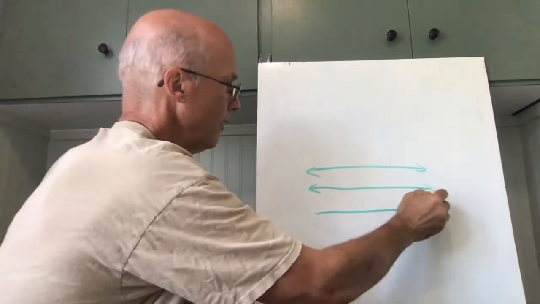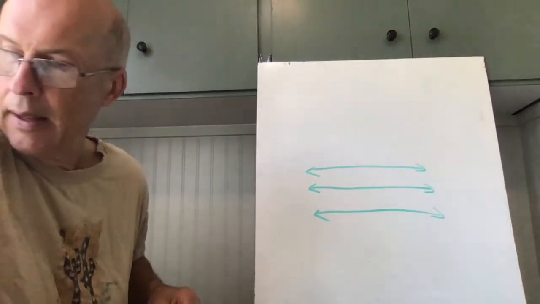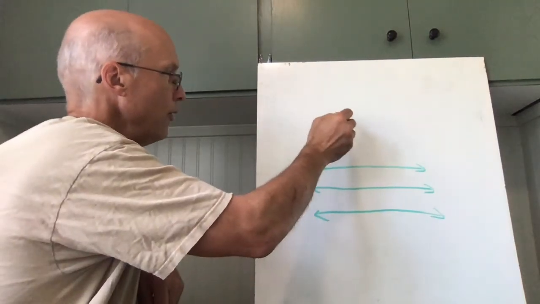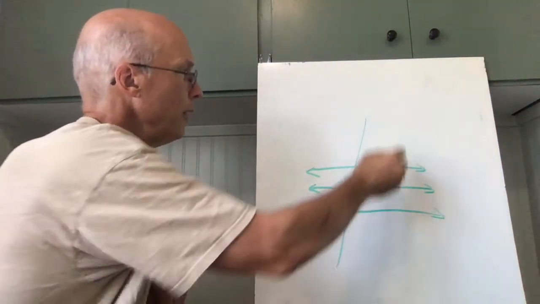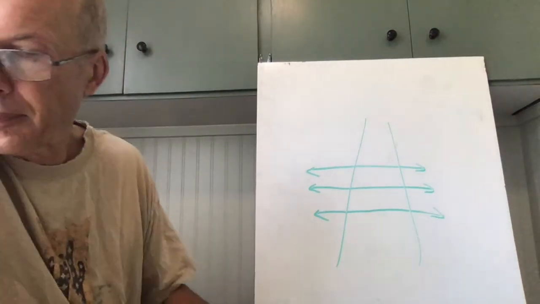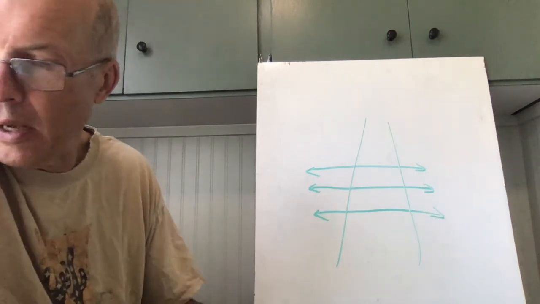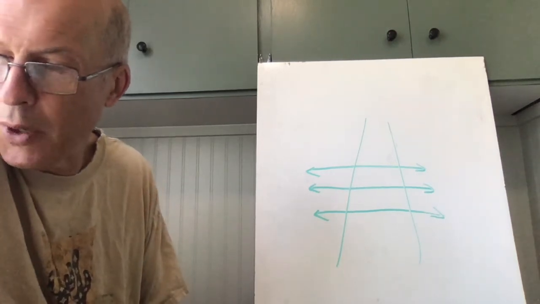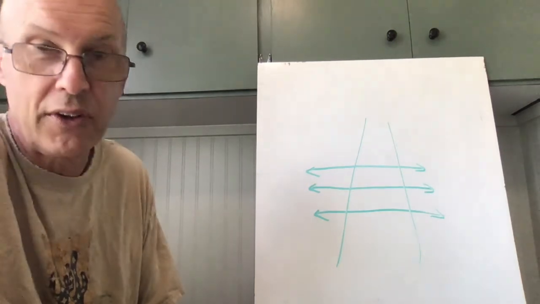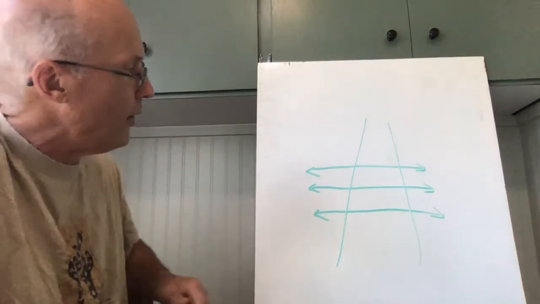And if I cut those with 2 transversals, so I'll go boom and boom. It says if you have 3 or more parallel lines and they intersect 2 transversals, then they cut off the transversals proportionally.